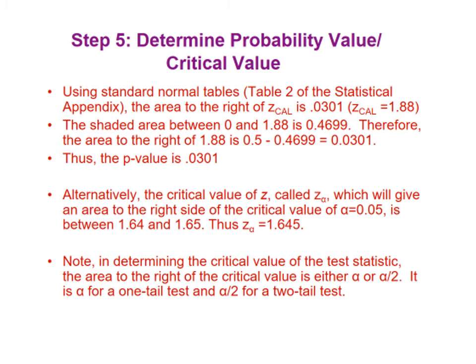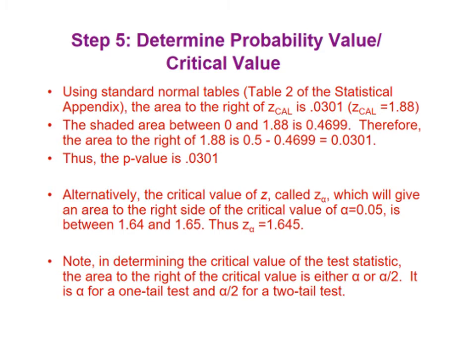Thus, the p-value is 0.0301. The critical value of z, called z alpha, has an area of alpha equal to 0.05 to its right, and lies between 1.64 and 1.65, thus z alpha is 1.645.